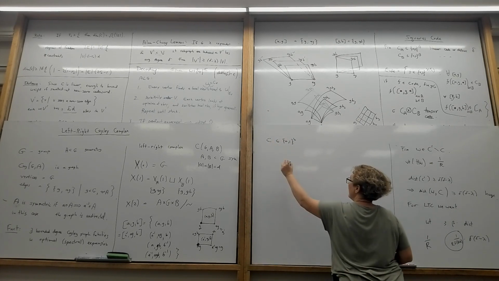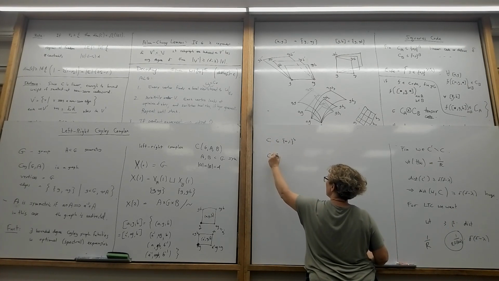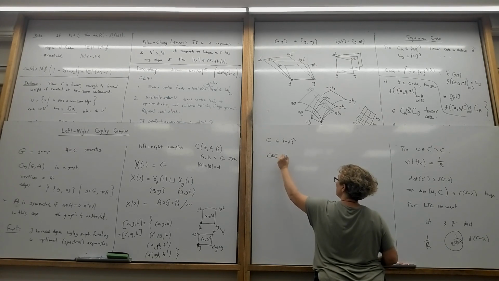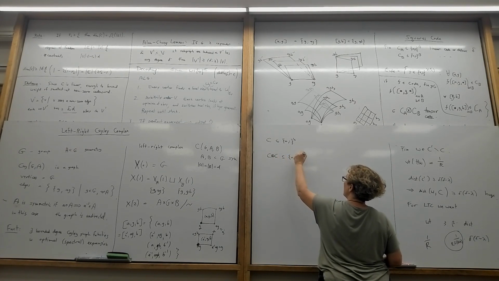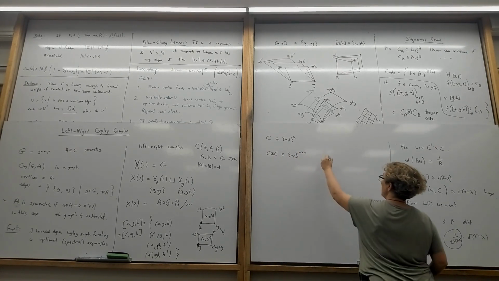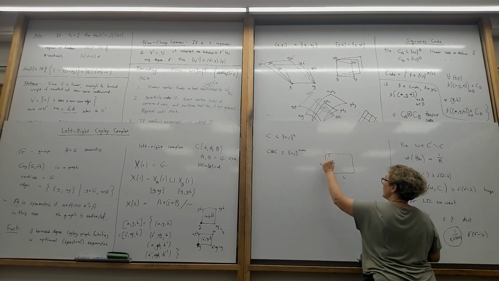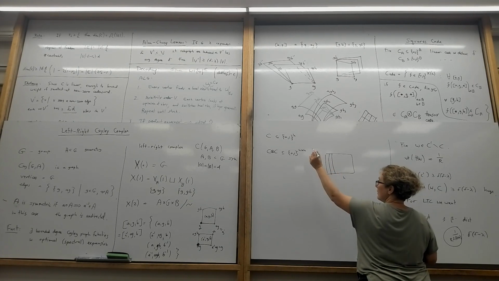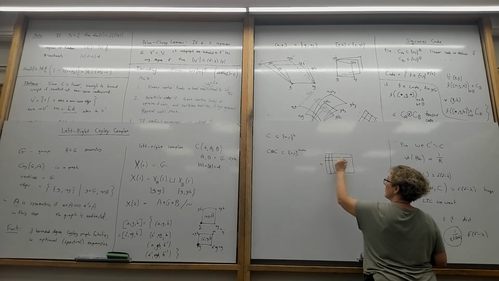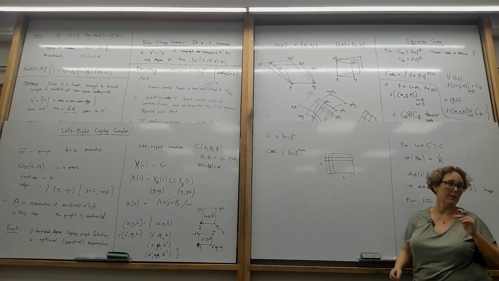And then we define the tensor code. It's a subset of {0,1}^(n by n). So I'm now looking at n by n matrices where every column belongs to C and every row belongs to C. Okay, it's a tensor code.